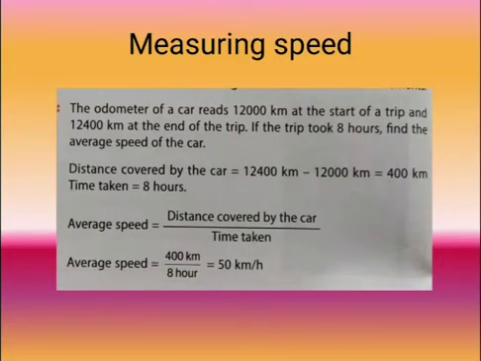Now let us take an example for measuring the speed. The odometer of the car read 12,000 km at the start of a trip and 12,400 km at the end of the trip. So, students, how many kilometers does the car run? The question is, if the trip takes 8 hours, find the average speed of the car. In this question, we have to find the speed of the car.